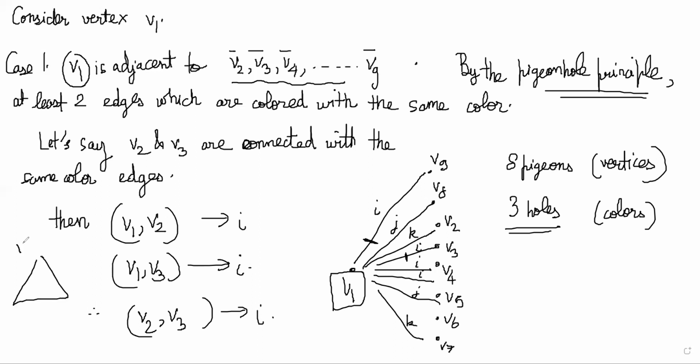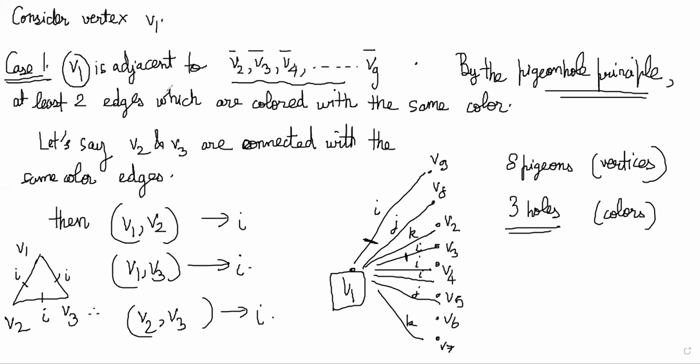Therefore, V1, V2, V3 is a monochromatic triangle. All of them have color I. And we have proved that there are at least 3 people who can talk to each other in the same language, here the I language. So this is case 1.